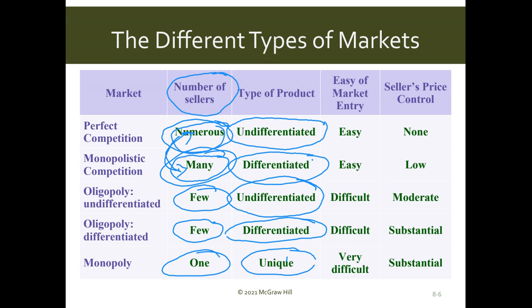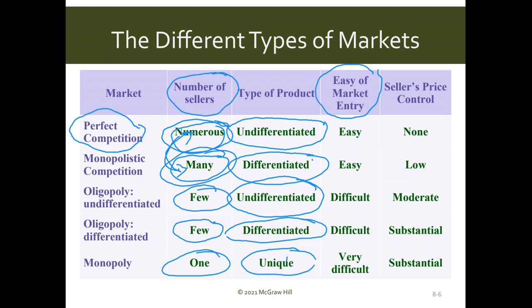Ease of market entry. Firms can enter and exit these market structures depending on the nature of the market. For example, if you are operating under a perfectly competitive market structure, that is a large number of firms, and each firm is producing an identical product, then it is much easier for other firms who are not in that industry to enter that industry easily.